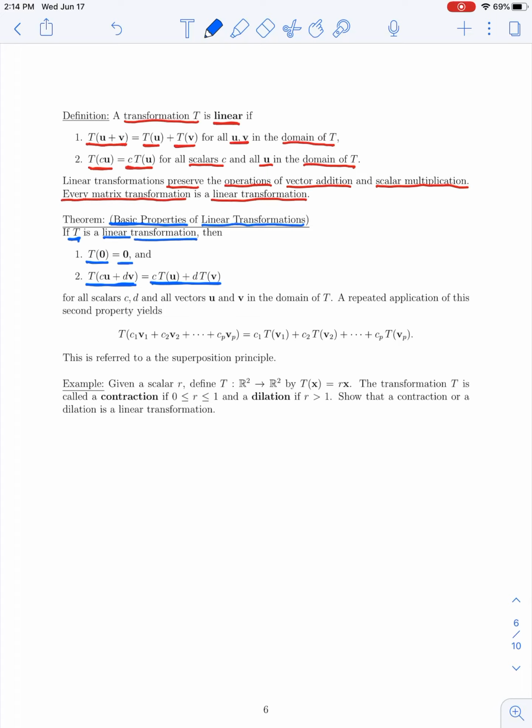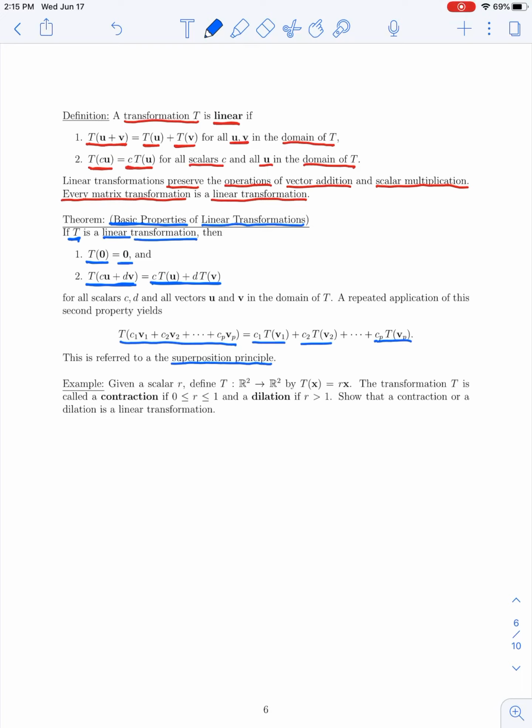Now, in general, this second property, where the transform of a linear combination is the linear combination of the transforms, holds for more than just two vectors. If we take the transform of a linear combination of p vectors, that is the same as the linear combination of the transforms of each of those vectors. This property is sometimes referred to as the superposition principle.